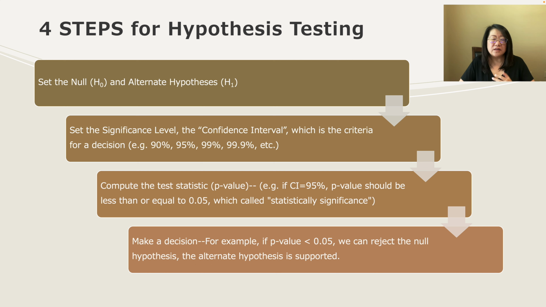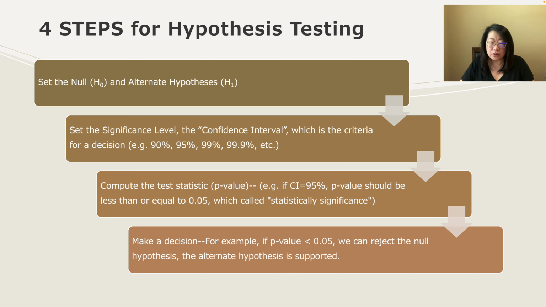Okay. The third step is to compute the test statistic, which is the p-value. So the confidence interval and alpha are a standard that you set for your study. And then based on the data, you want to know whether the statistical calculation, the test score, shows a supportive outcome, right?